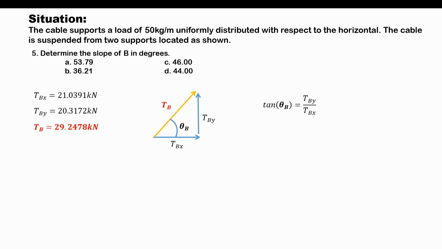So if we substitute the values of the components in this equation, we will get the slope at B, which is equal to 44 degrees. So based from the choices, our answer for this item would be letter D.